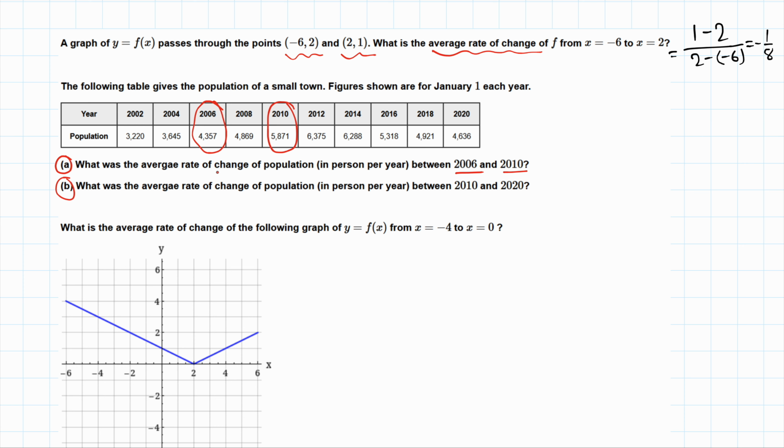So again, the average rate of change is just slope, rise over run. So change in y, 5871 minus 4357, that's the rise. Change in x, 2010 minus 2006, that's 4 years.